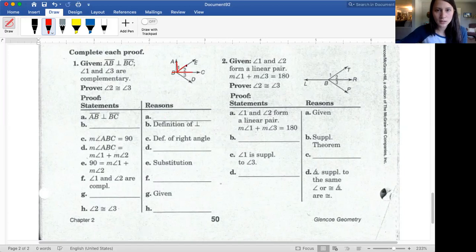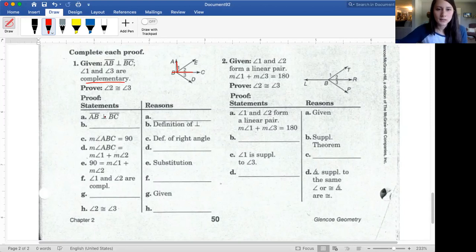So angle 1 and angle 3 add up to be 90 degrees. When you see the word complementary, a conclusion you can make is that they add up to be 90 degrees. And this will be used in your proof. Even though mentally you're aware of this, you can state that in your proof and reason it because of the definition of complementary angles, right?